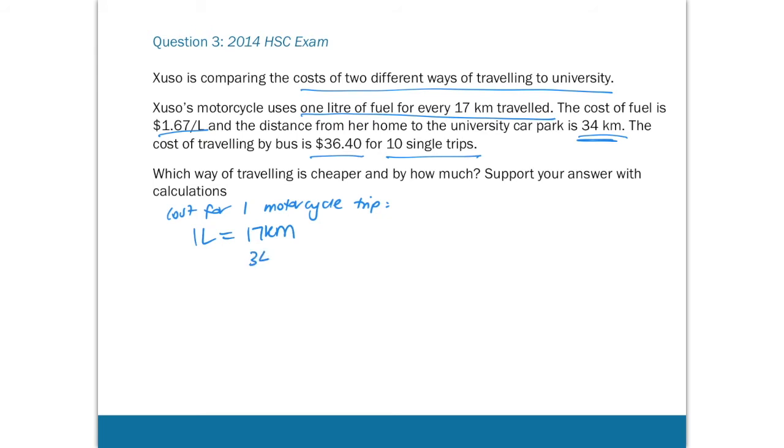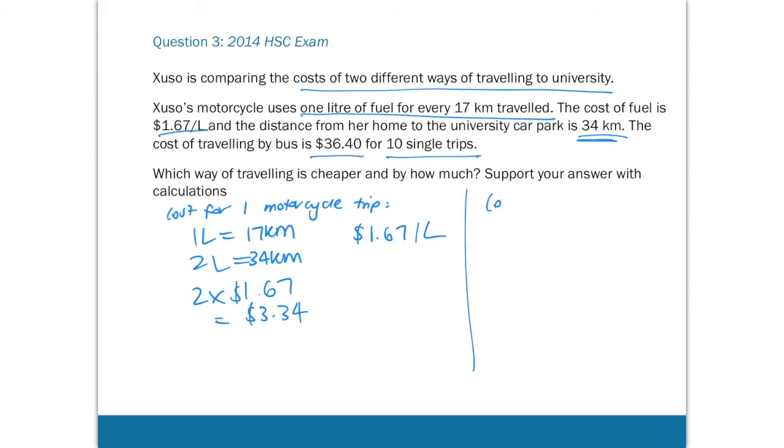So we use 2 litres to travel 34 kilometres. And we know that it costs $1.67 per litre. So now all we have to do is go 2 litres times $1.67, and this gives us $3.34. So that's for a motorcycle trip.